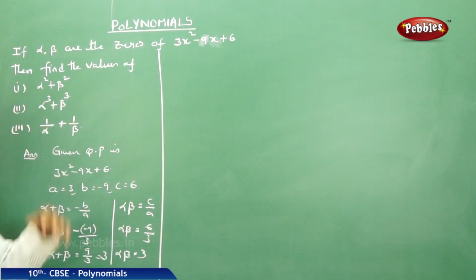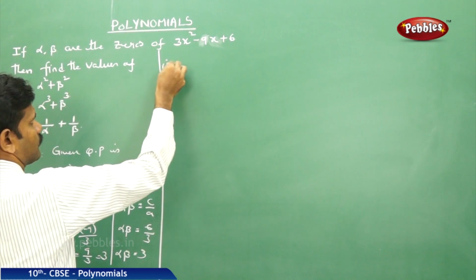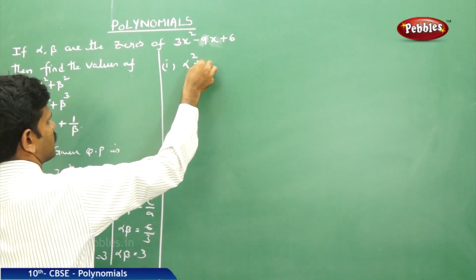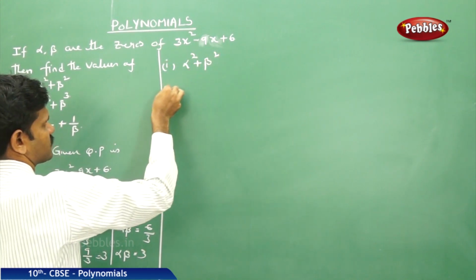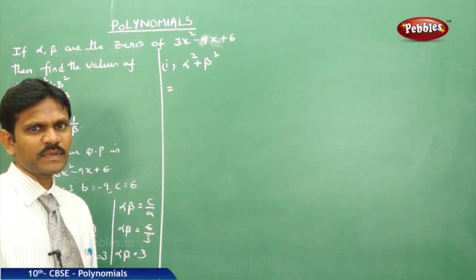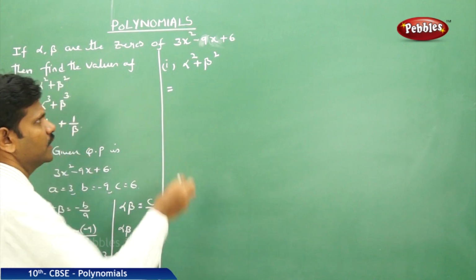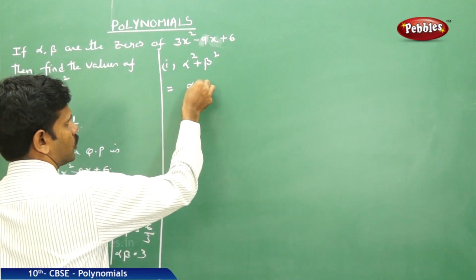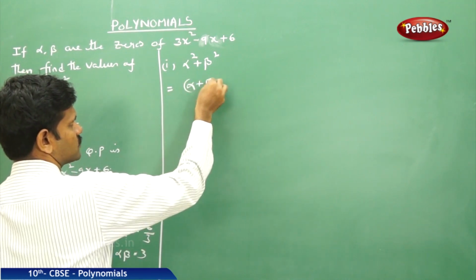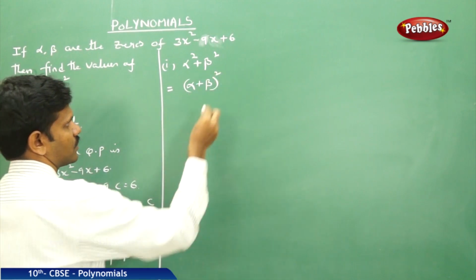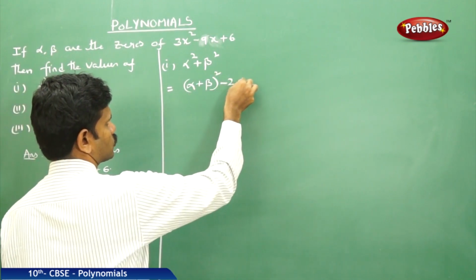Now case 1, to find the value of alpha square plus beta square. We cannot get alpha square plus beta square directly, that's why it will be modified into alpha plus beta whole square minus 2 alpha beta.